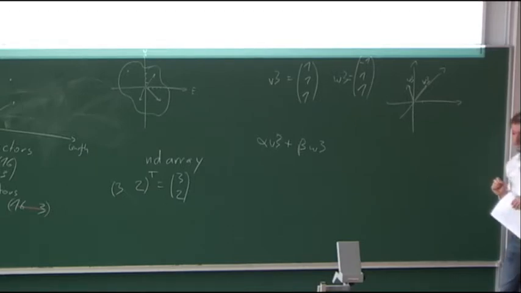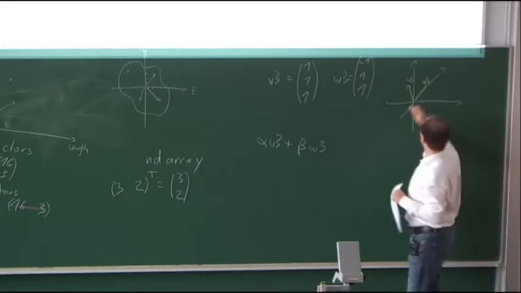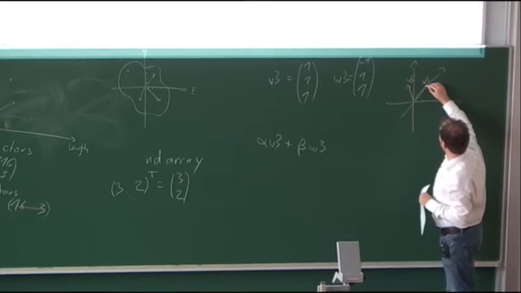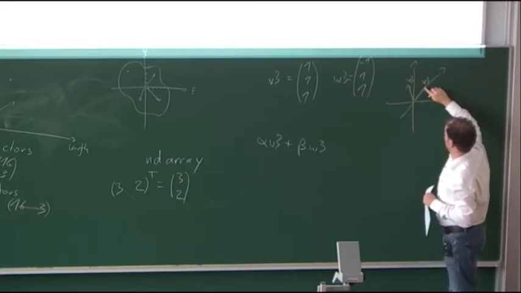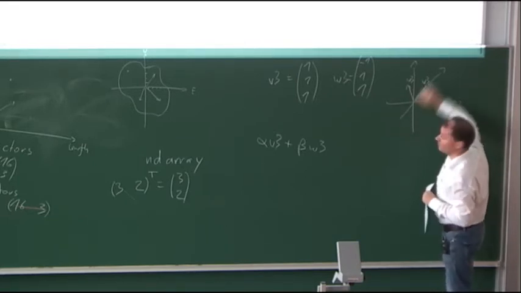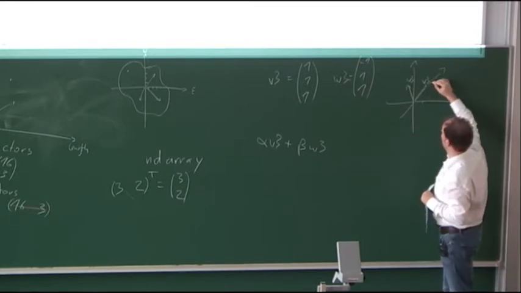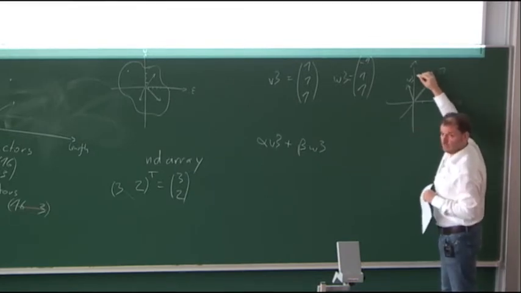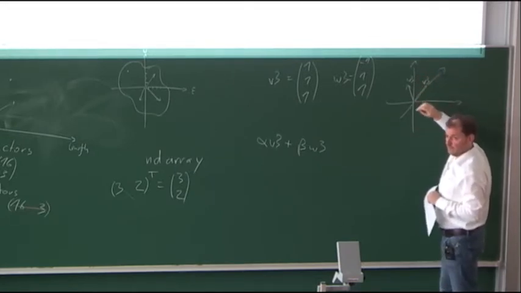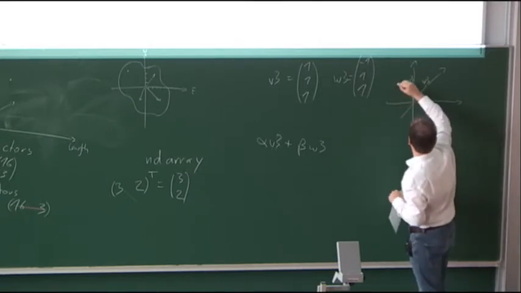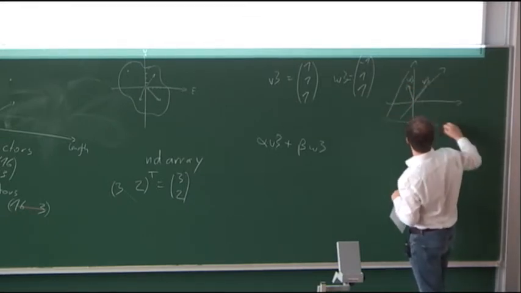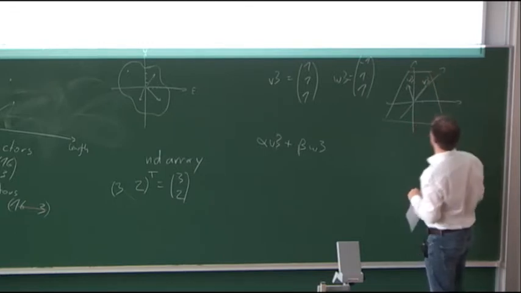But all possible combinations of V3 times some alpha, they would form a line, right? But I can add parts of W3. There will be a plane. It will be a plane, exactly. So it will be a plane like this. It will be a plane in three-dimensional space.